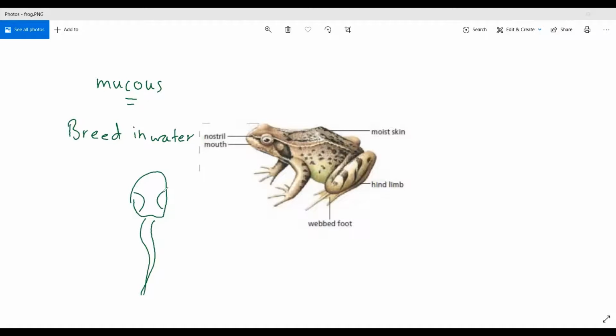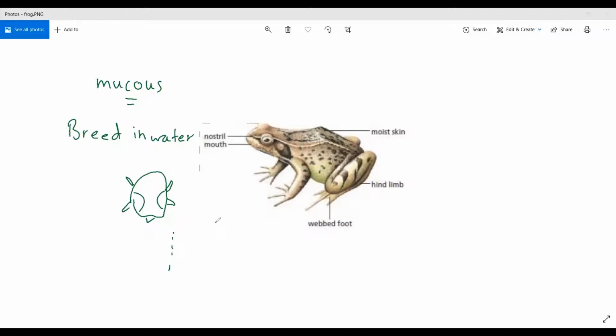Later on, these gills disappear to be replaced by lungs, and forelimbs and hind limbs appear, so the tail shortens until it looks like this. I can't see the tail here in this frog, but the tail becomes very, very short, and then this frog jumps on land to continue its life.